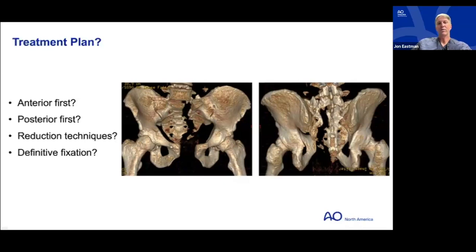Yeah, I like all those. One other thing we talked about is doing the front first and having a flexible construct. Sometimes the implants we're going to use posteriorly, any sort of spinopelvic fixation, if there's any residual malreduction or deformity left anteriorly, once you do a pretty strong posterior construct, you can't overcome that.